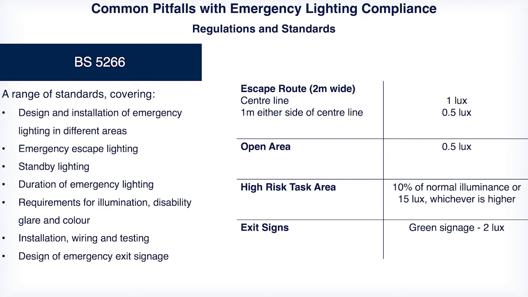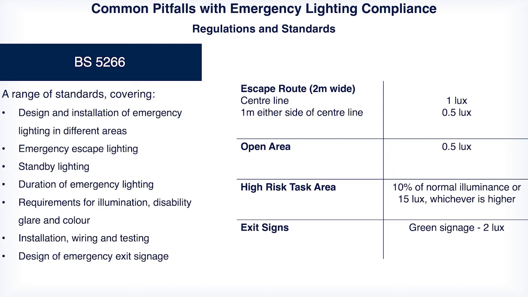5266 then covers much more of the fine detail of emergency lighting design, and now we're moving on to the objective of escape route lighting. Of course, a key part of this is to assist the safe exit, and the overriding strategy is to provide appropriate visual conditions and direction finding on escape routes and in special locations.